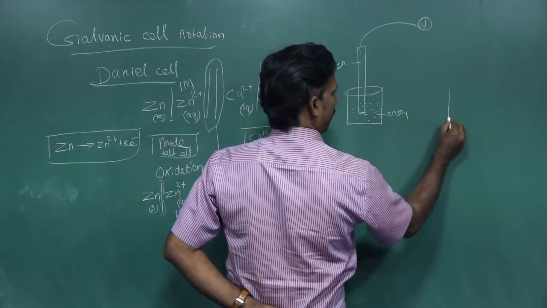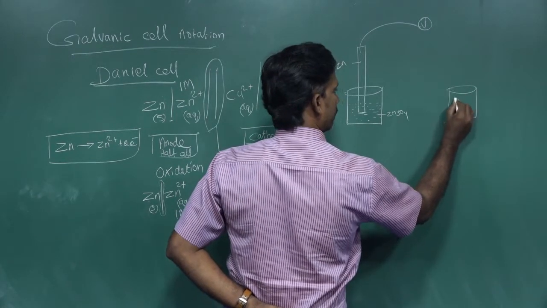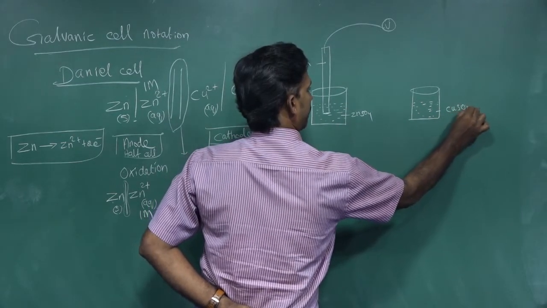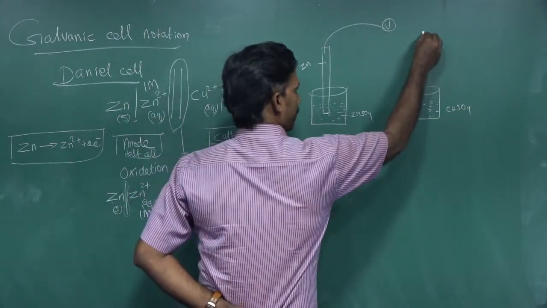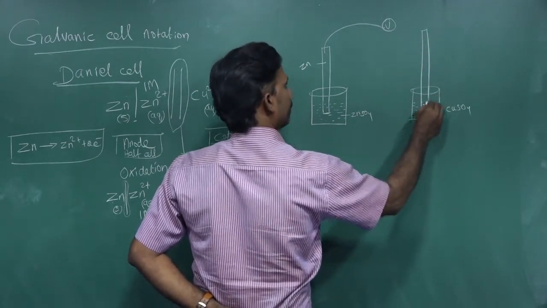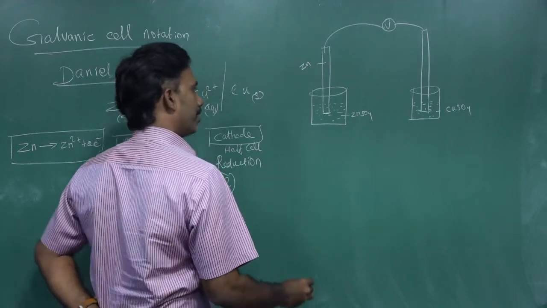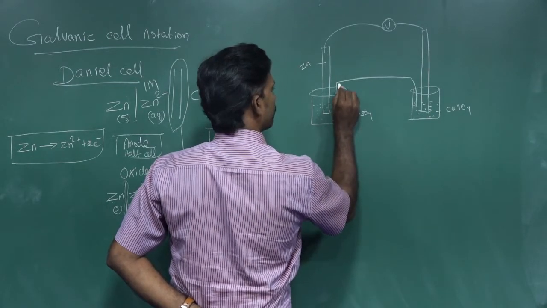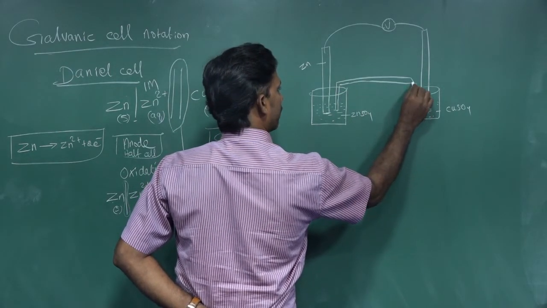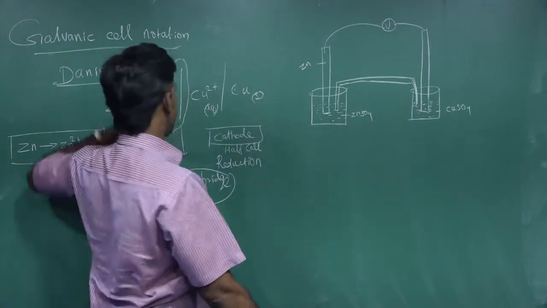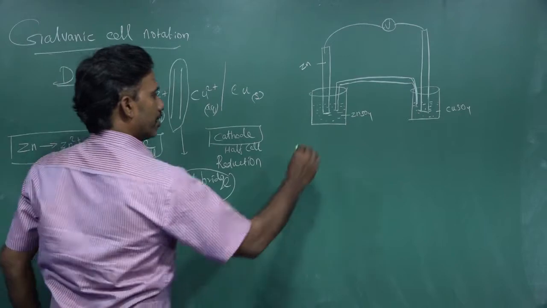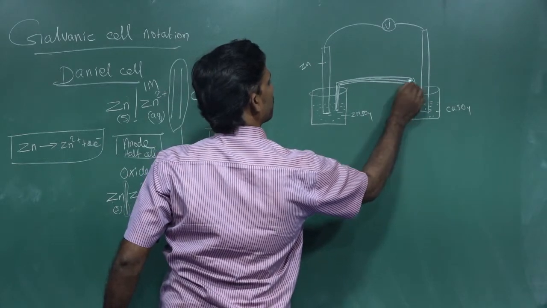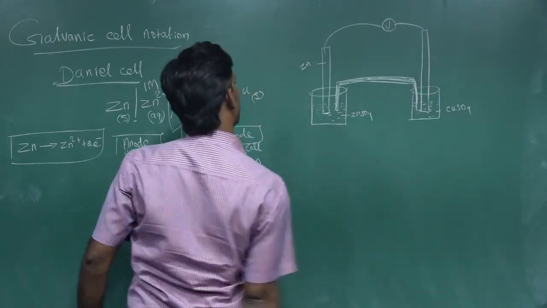Then the voltmeter, and on the other side copper sulfate and the copper rod. So for the neutralizing purpose, there is a bridge, called a salt bridge. This is the Daniel cell diagram, and this is the Daniel cell notation. The salt bridge can be made of filter paper, with its tips in the solutions.